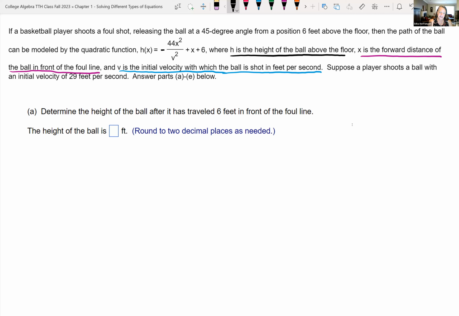H is the height of the ball above the floor. X is the forward distance of the ball in front of the foul line. In this problem, it said that he's traveled 6 feet in front of the foul line, so I know that x is equal to 6.